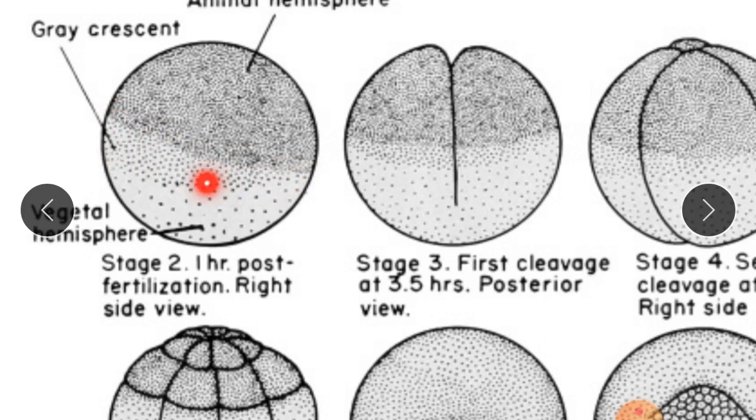So gray crescent develops only after the fertilization of egg, only after the penetration of sperm into the ovum. Not before the fertilization. Before the fertilization, no gray crescent. Only two hemispheres are present: animal hemisphere, vegetal hemisphere.